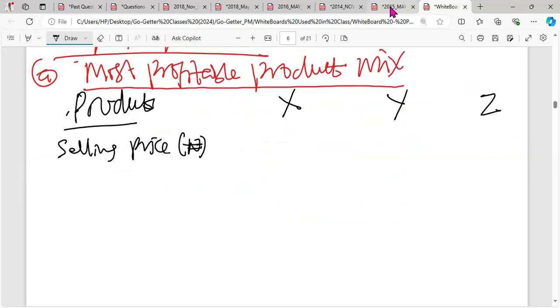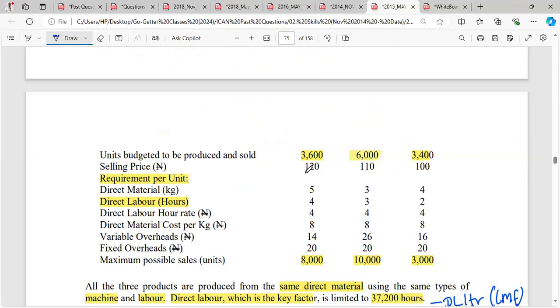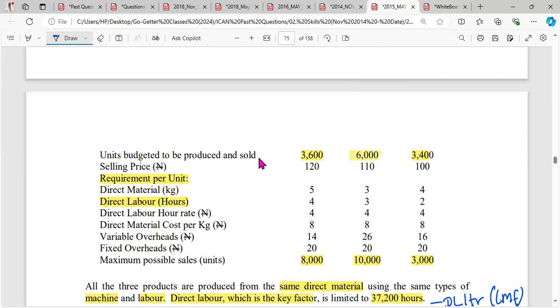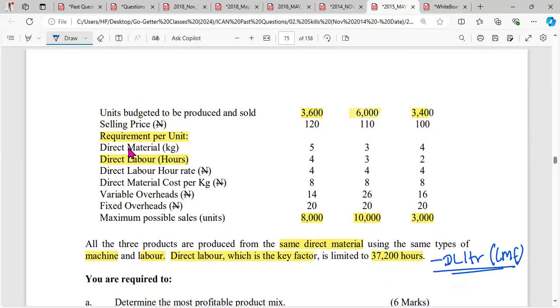Our selling price here is 120, 110, and 100. Then we look at our variable cost, direct material costs.